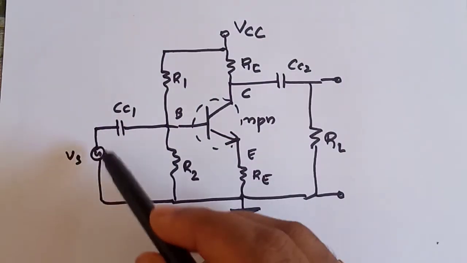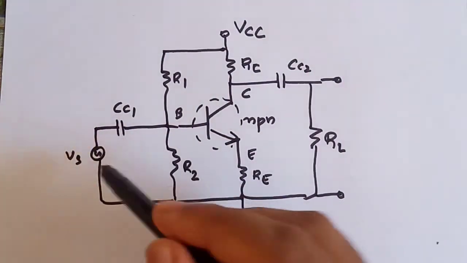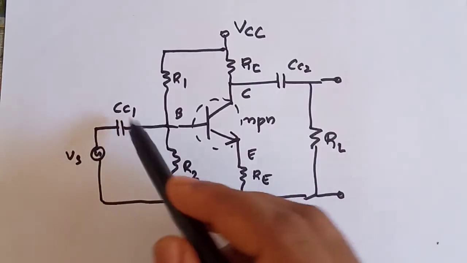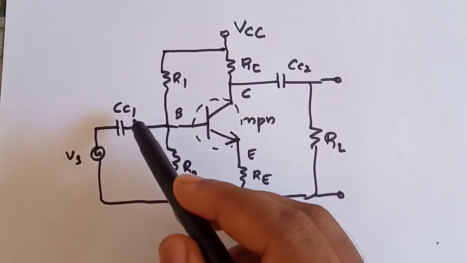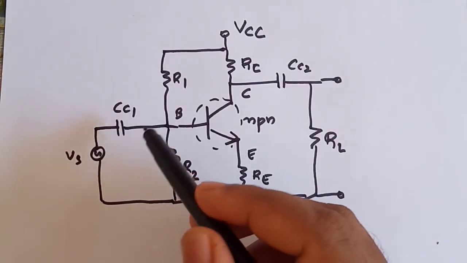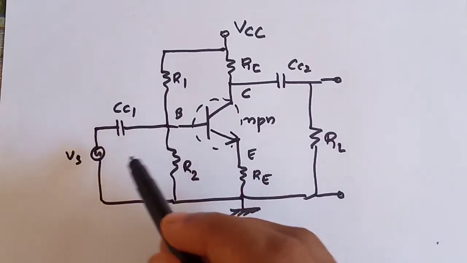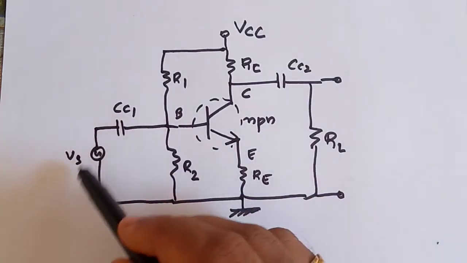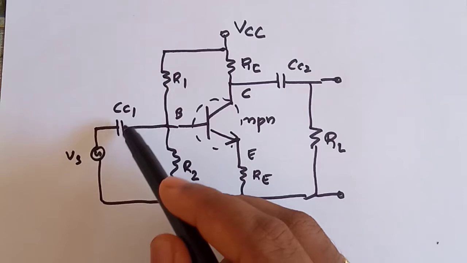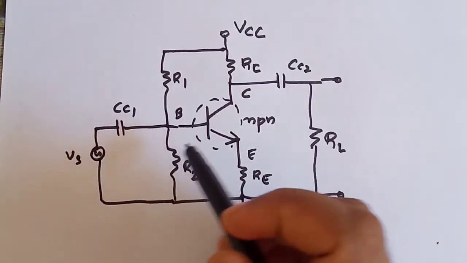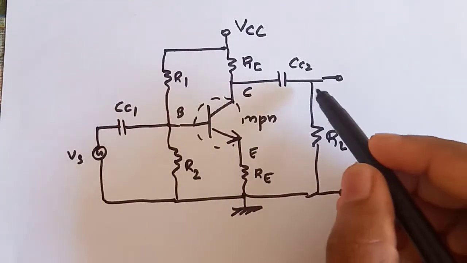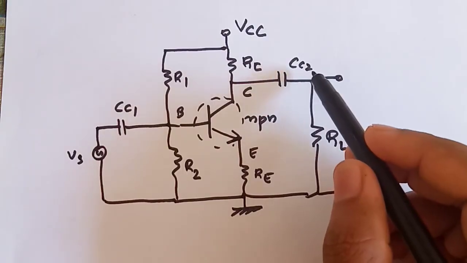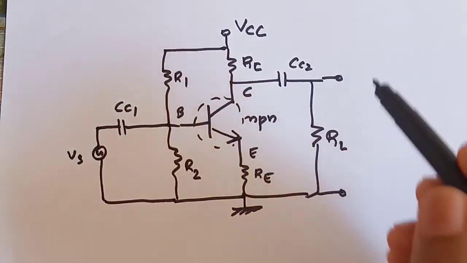Then we will draw the input side. Input is fed to the base with the help of a coupling capacitor. The purpose of the coupling capacitor is to block DC and to pass AC. We need to amplify the AC signal. This coupling capacitor allows only AC to pass. At the output also there is a coupling capacitor to block the DC component.